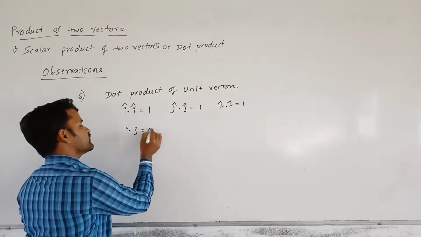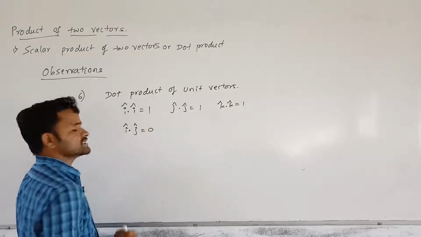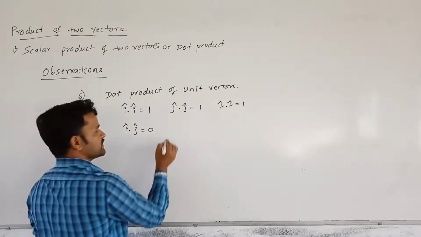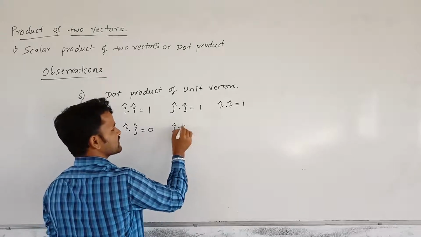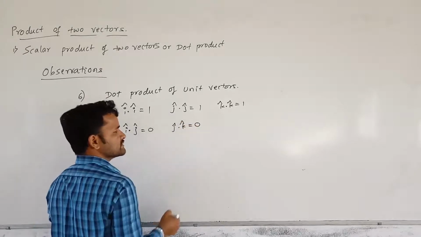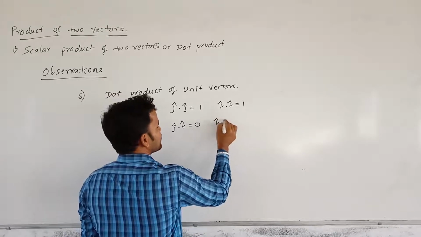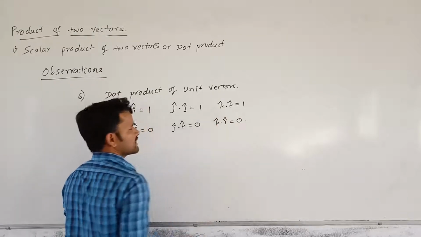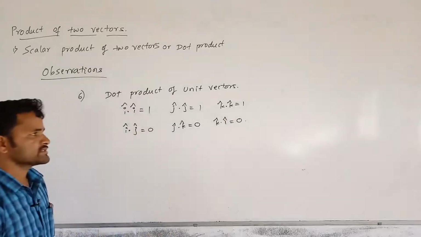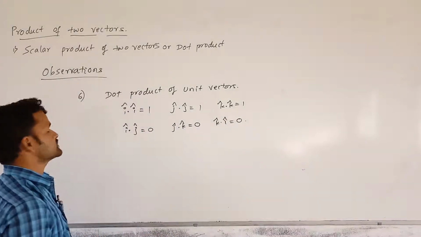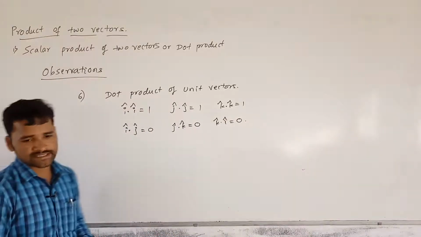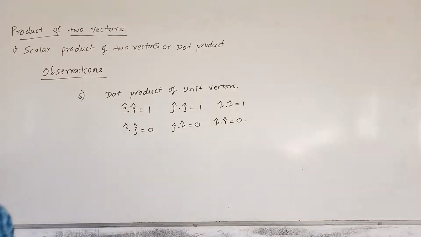We have i dot j is equal to 0. In the same way, j dot k is also 0. And what about k dot i? The angle between k and i is also 90 degrees. So k dot i is equal to 0.